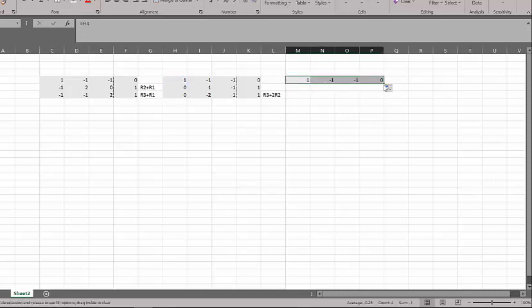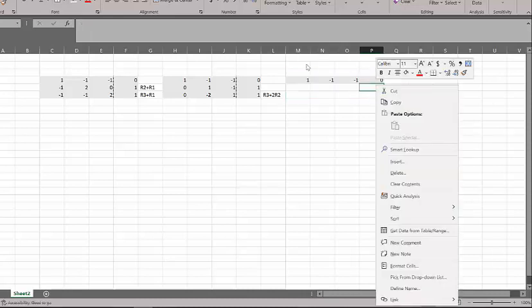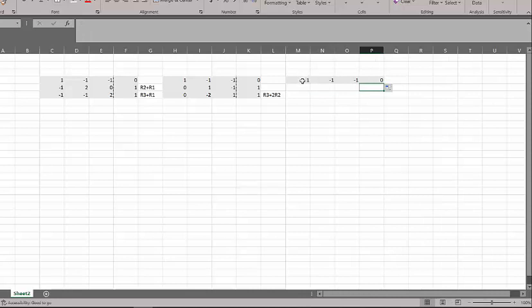Same with row 2. Alright, this thing will stop being goofy with me. There we are. Now row 3, that's where we do our change, right? Row 3 plus 2 times row 2.